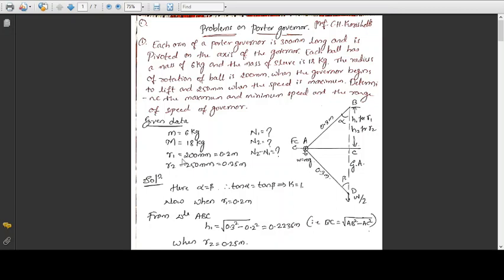The radius of rotation r1 equal to 200 mm is when the governor begins to lift, that is at the starting point, and r2 is 250 mm when the speed is maximum. So the minimum radius of rotation is 200 mm and the maximum is 250 mm, or you can write it as 0.25 meter.